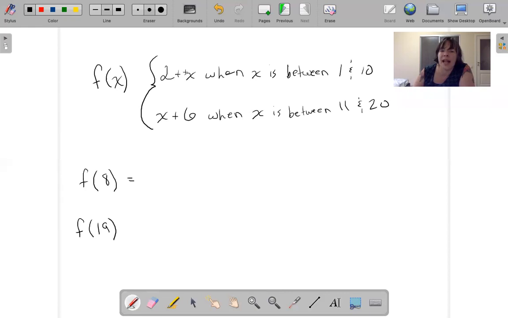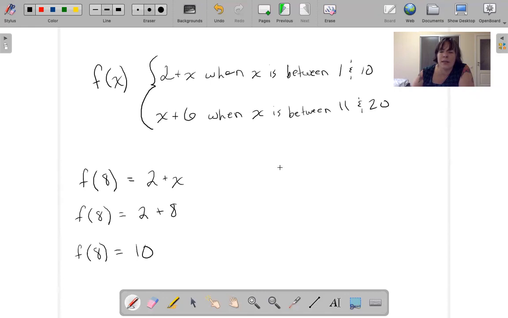So I know that f of 8 is 2 plus x. I have to erase this so I can have room to work. F of 8 is 2 plus x, and my x is 8. So f of 8 equals 2 plus 8. F of 8 equals 10.